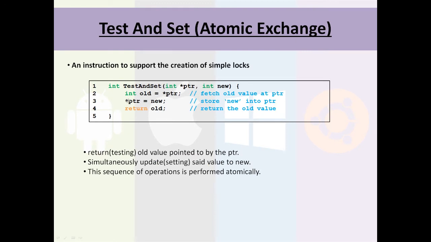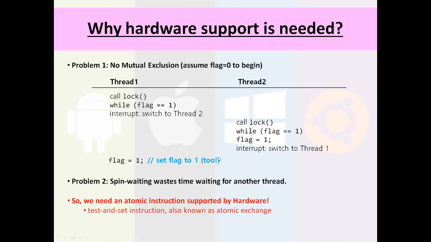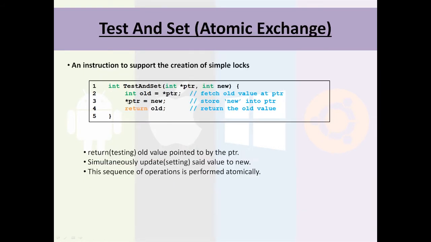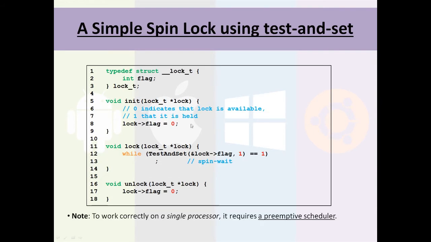It's going to update that 0 value to the new one, which is 1. So the pointer now has a value of 1, and it's going to return old, which was 0. So it comes here to while 0 is equal to 1, which is false. So this is going to finish and return.